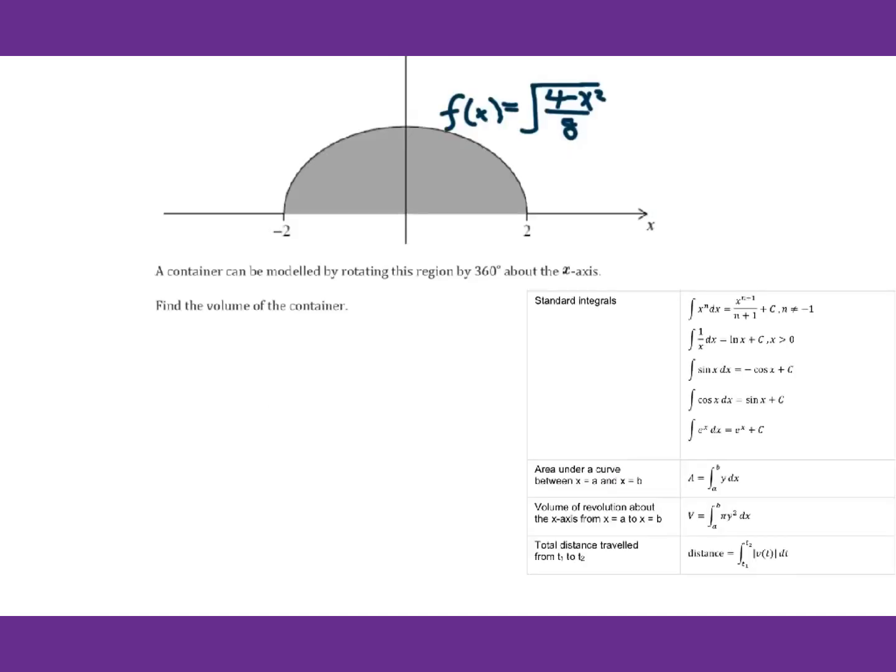According to the formula given in the booklet, we have to use this formula to figure out the volume. So volume equals, we put the pi outside. Then we get the definite integral of f of x squared, from -2 to 2.